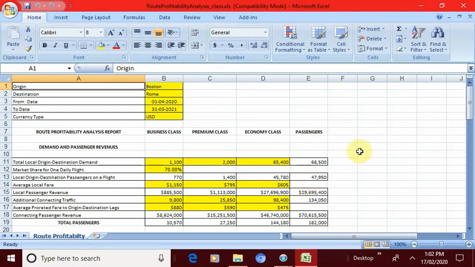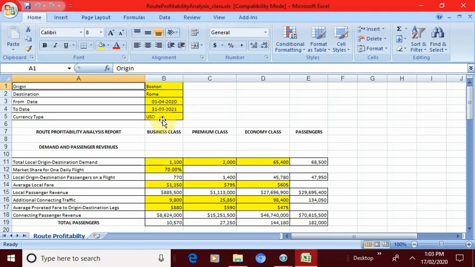The yellow highlighted cells are all user input, what we input in the user interface. The rest of the white cells are all calculated. We had proposed this particular route of Boston Rome for the period of 1st April 2020 to 31st March 2021.